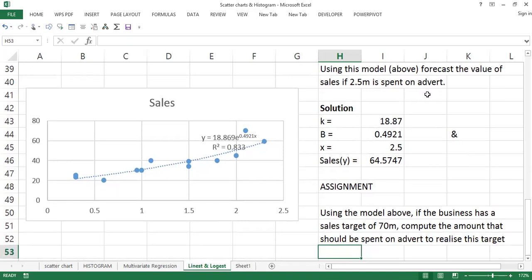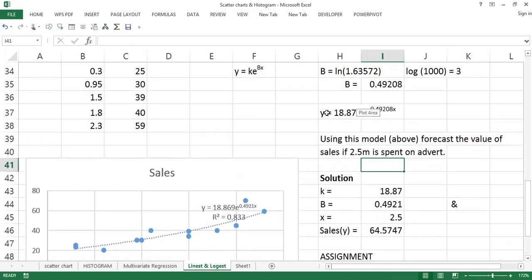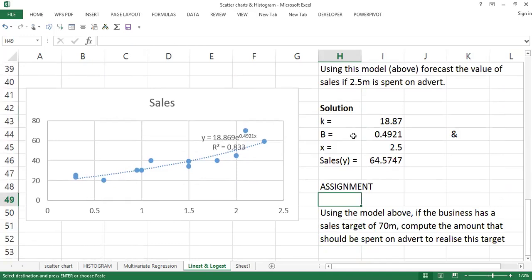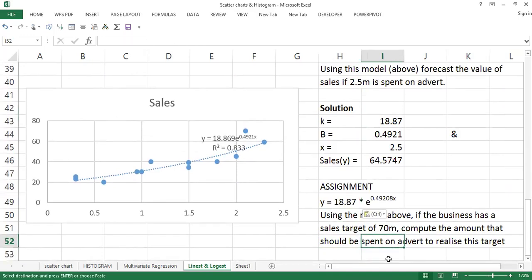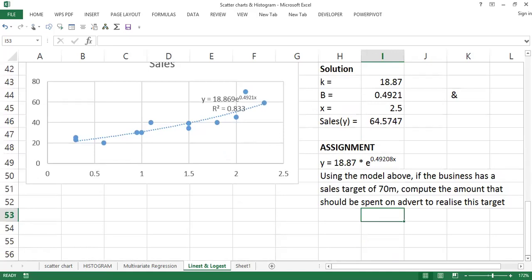Don't forget the model. Let me just copy the model for you. So that's the assignment.